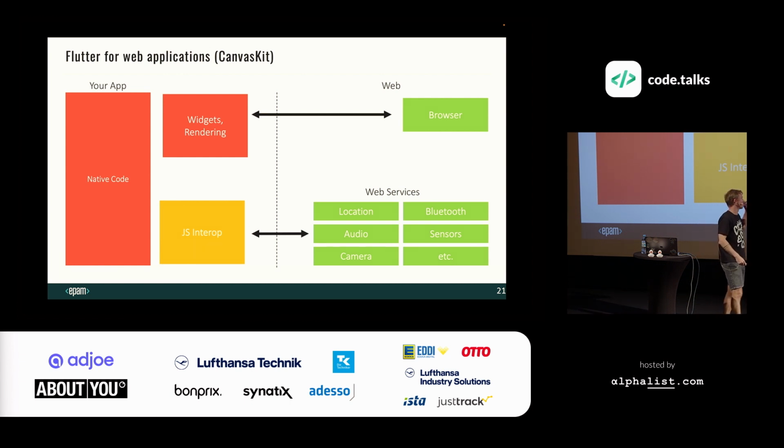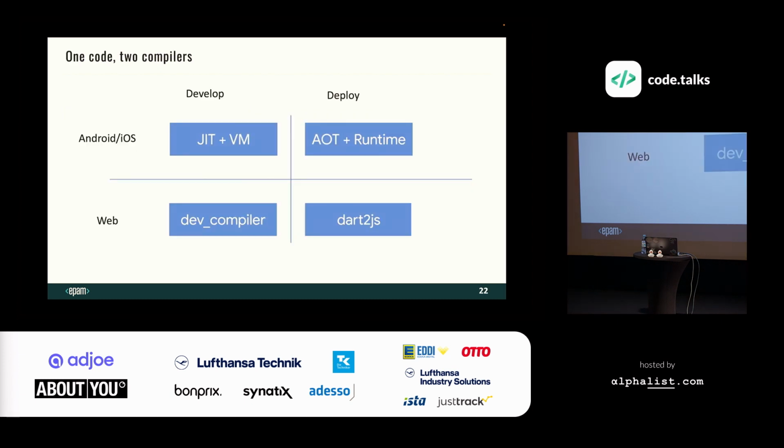You can also call services from the browser using JS interoperability, because Dart compiles to JavaScript, and this way you can call JavaScript methods from Dart. And there are two different compilers, the Dev compiler and the Dart2JS compiler, that optimize for different purposes.